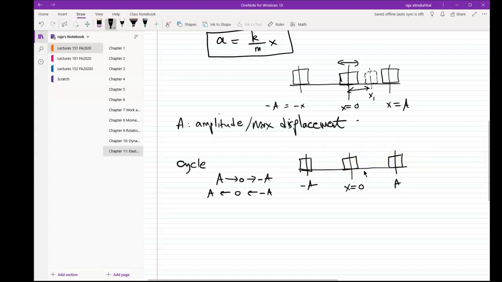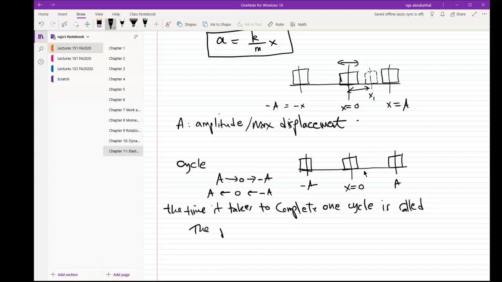The time it takes to complete one cycle is called the period.